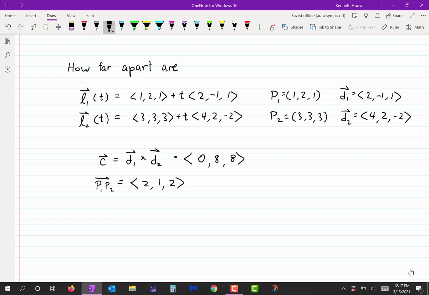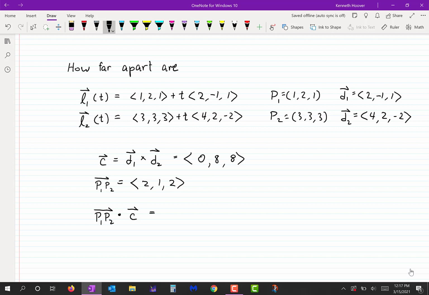So let's calculate the dot product of the vector from P1 to P2 with the vector C. Sorry, there's no square root with a dot product, is there?